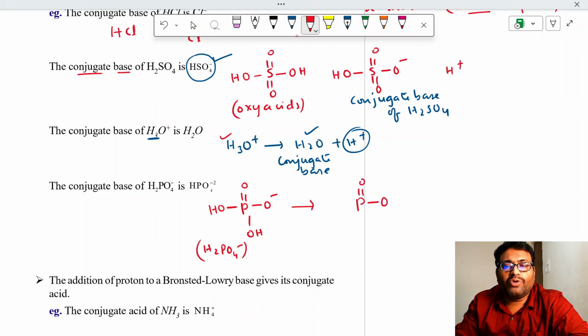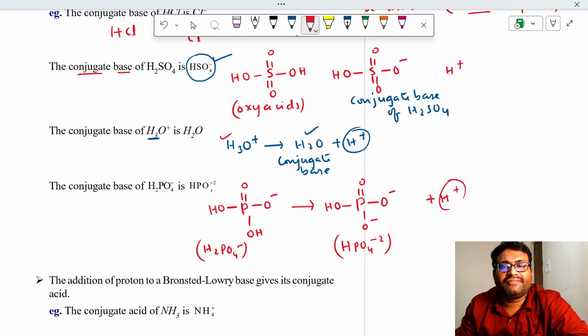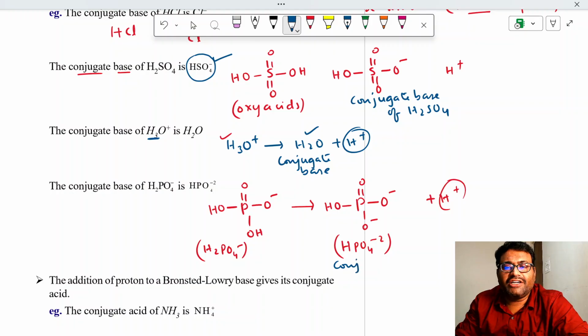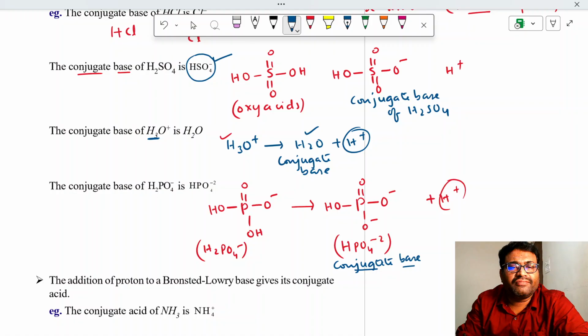You get HPO4 2 minus plus H plus. You have removed a proton. On removing the proton, whatever species is obtained is called the conjugate base. So HPO4 2 minus is the conjugate base of H2PO4 minus.